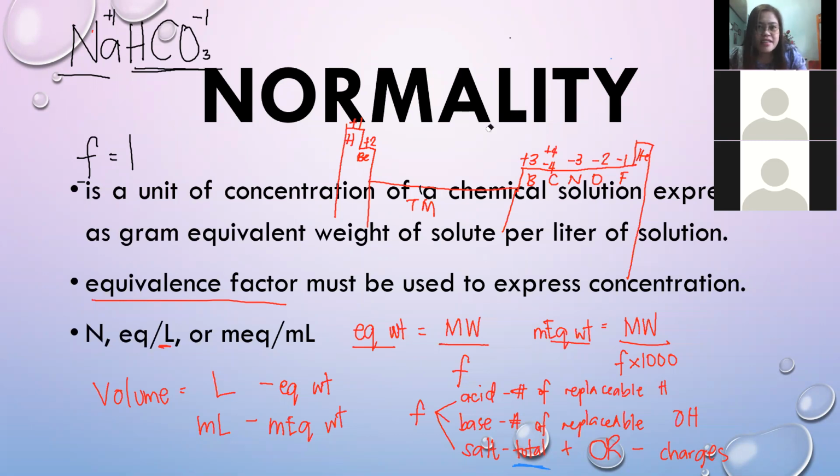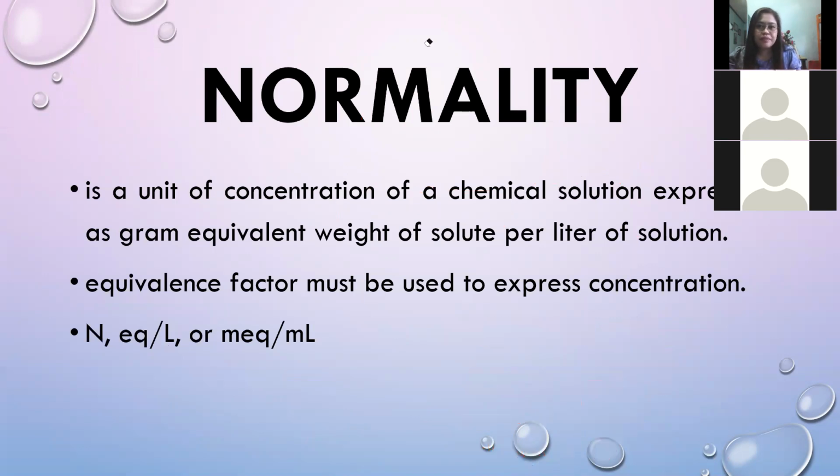Let's move on, class. So our factors are okay. Before we compute normality, let's try computing the equivalent weight and the milli-equivalent weight. Okay? For example, you are asked to compute for the equivalent and the milli-equivalent weight of sodium chloride.